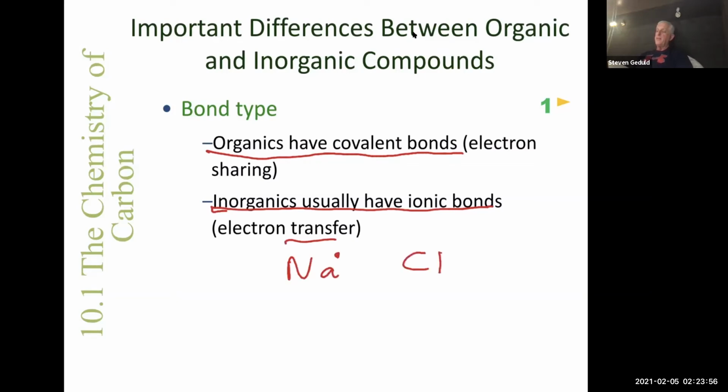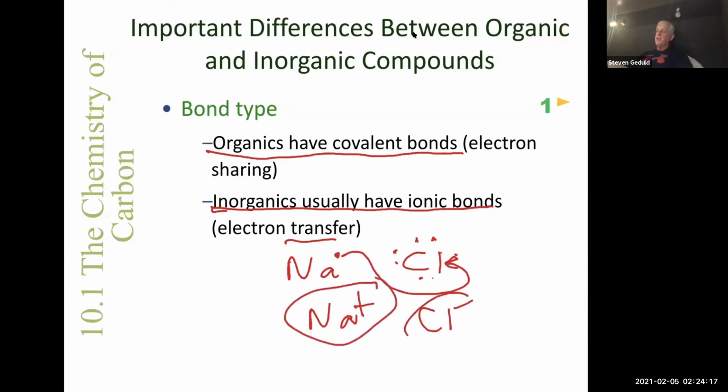Chlorine has 7 valence electrons. What happens is this electron goes to chlorine, giving you Na plus and Cl minus, because electrons have a negative charge. So then you have sodium chloride with a positive charge and a negative charge. What do opposite charges do? Do they repel or attract?